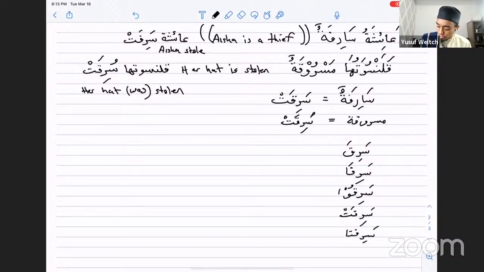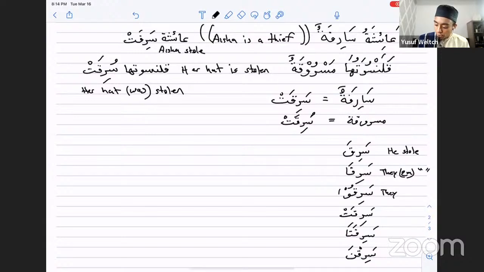And we want to practice this actually a little bit today. That's part of what we want to do today. And Sariqna. Okay, so this is the list of the verbs. So essentially this is he stole. They, and this applies to 2 men, stole.